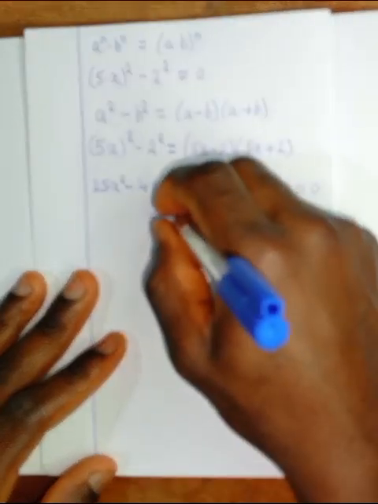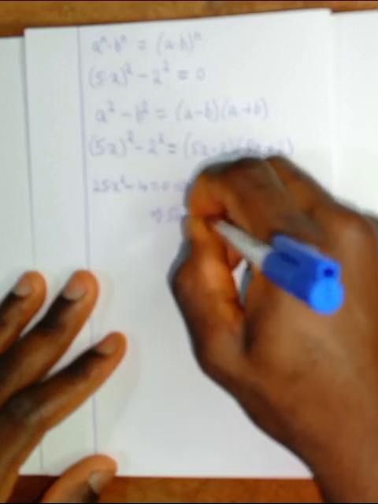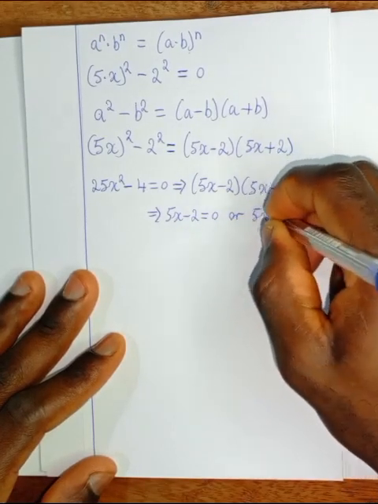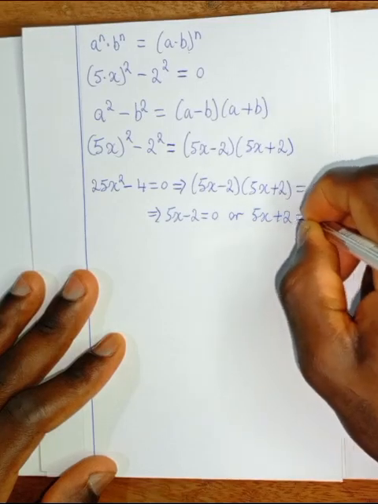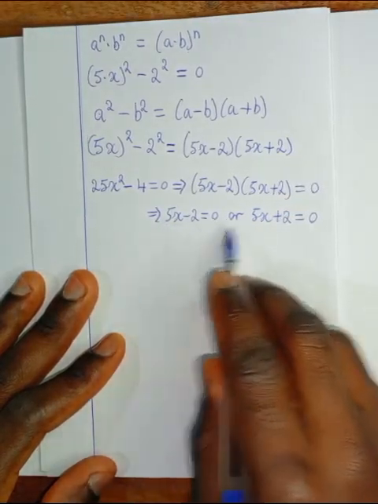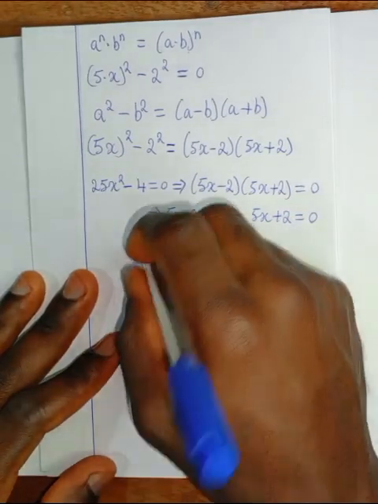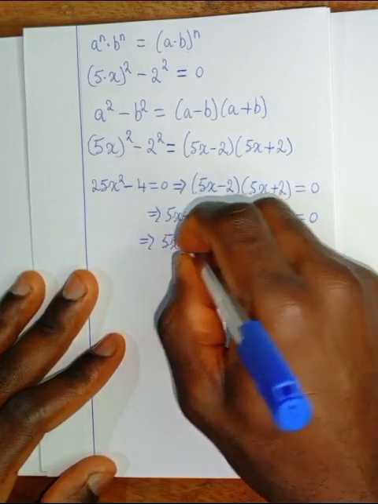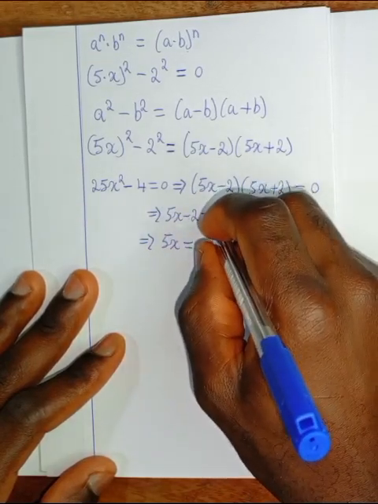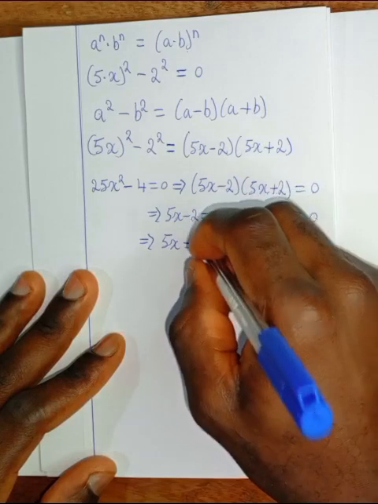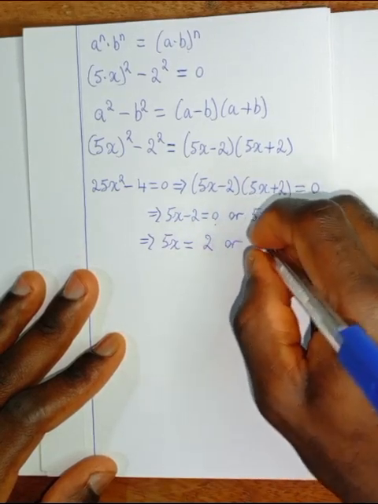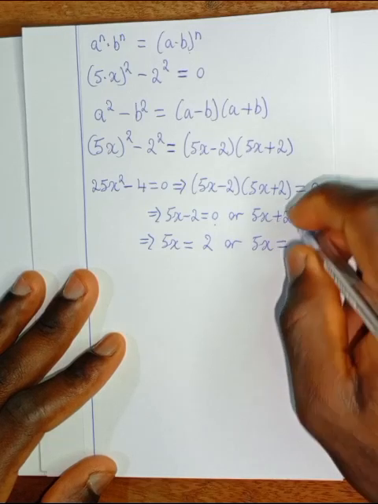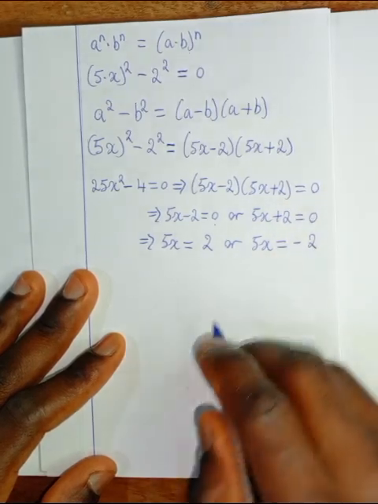Then 5x minus 2 will be equal to 0, or 5x plus 2 will be equal to 0. You will see that these are two linear equations. We need now to solve for x. Then 5x will be equal to, if we transfer negative 2 to the right hand side, it becomes positive, or 5x is equal to, if you transfer positive 2 to the right hand side, it becomes negative.